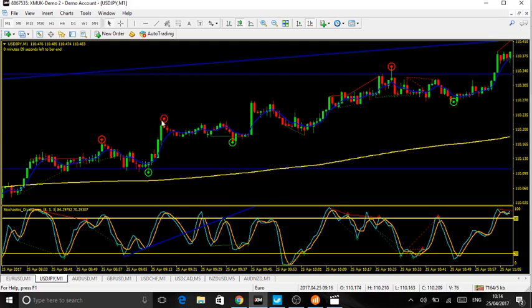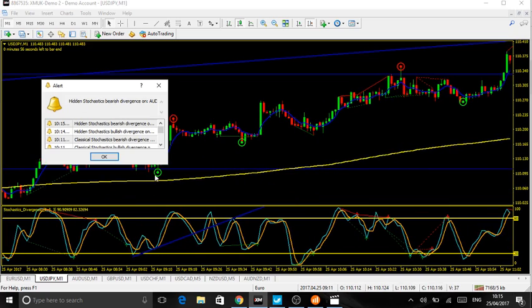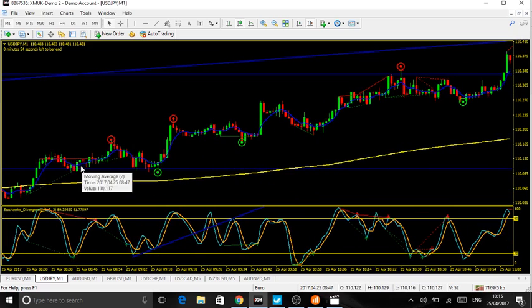So I would say don't martingale on this particular sort of setup. Do not martingale if the market is trending in one direction and you're taking the opposite, like a reversal trade. If it's trending, do not martingale. Just use 1% or 2% on that particular trade size, depending on how confident you are with the trade.